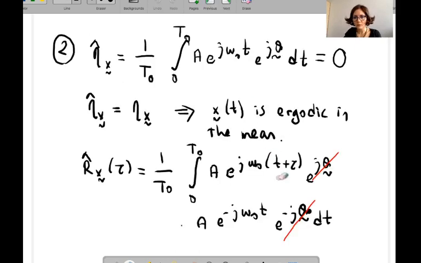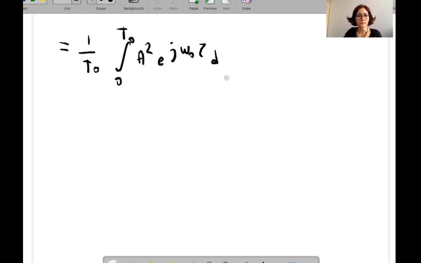Because the term that has this dependence on t will get cancelled by this term, so you will have only the term with tau here, dt. So you're integrating over t, but your expression does not depend on t, it depends only on tau, so that you have a constant integrated over a period divided by the period. It will just simply come out as itself. So A squared e to the j omega 0 tau.